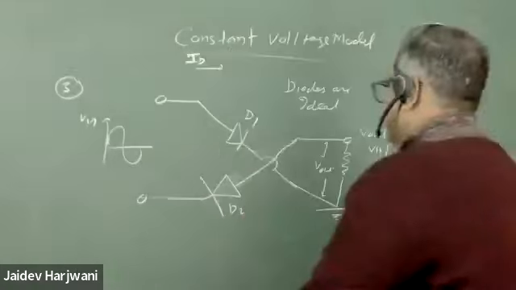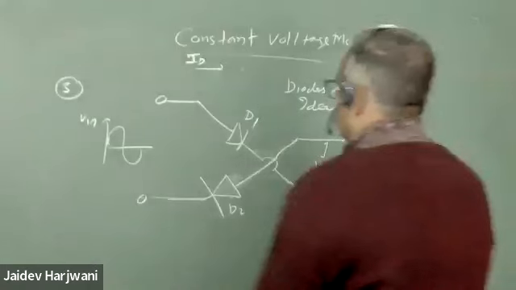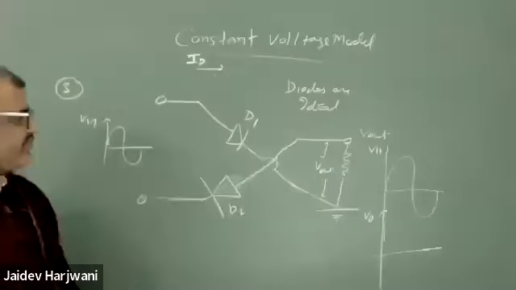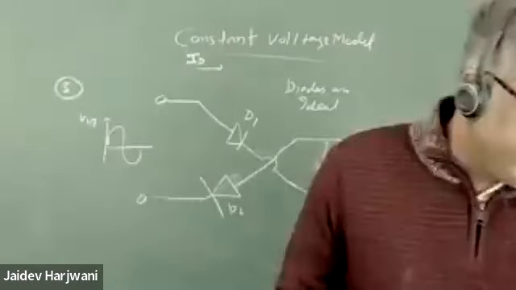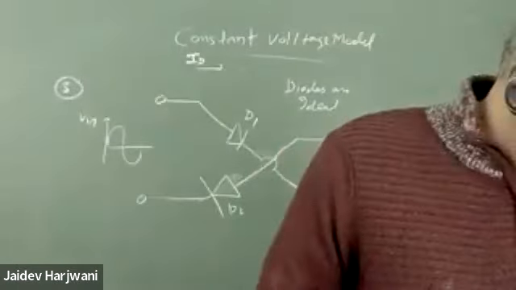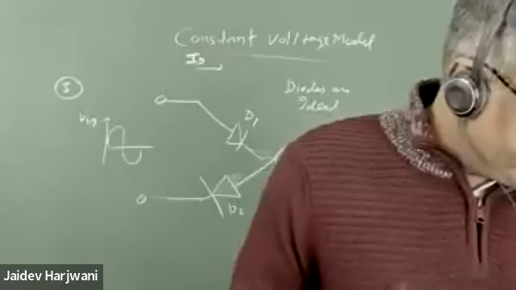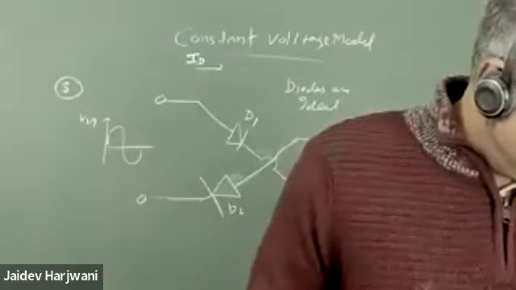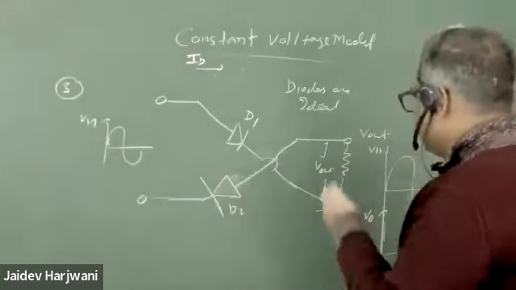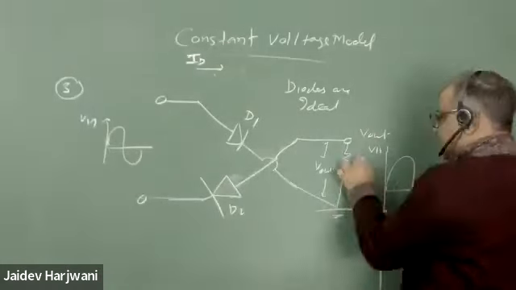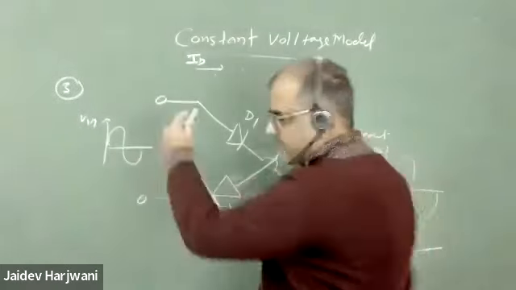Sir, there is a resistance. Resistance value? Yes, I have to give you the resistance value. Just 1 minute. Keep the resistance as R only. Resistance will not create any problem. You say the resistance value is R, because I'm not giving you a value here also.